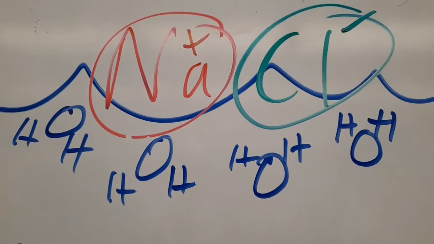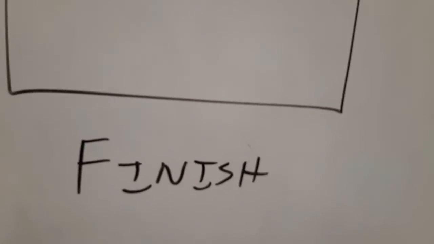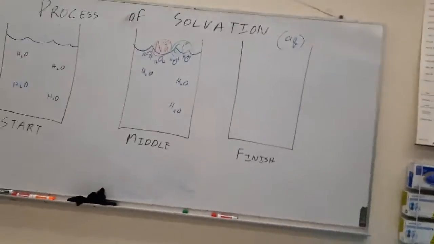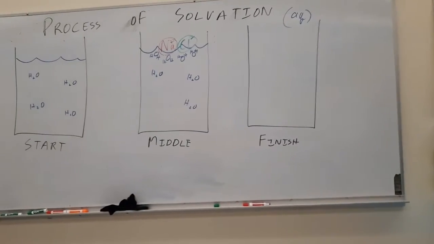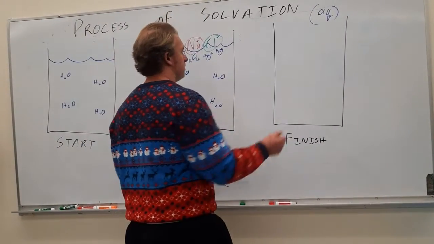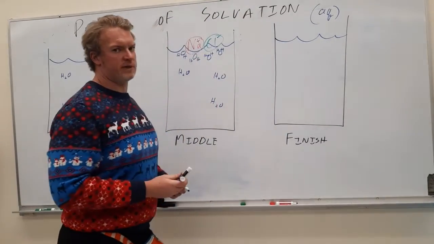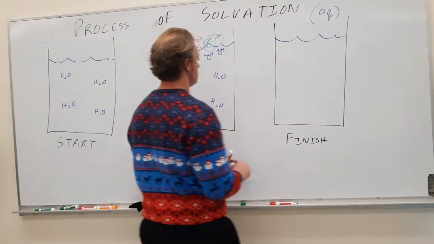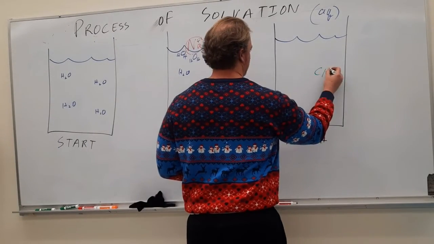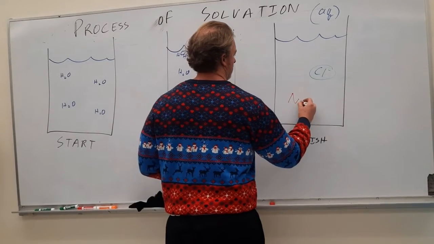And what happens to these ions when they begin the finish of total solvation? As those ions begin to drift into the solution, the chlorine ion will separate from the sodium ion.